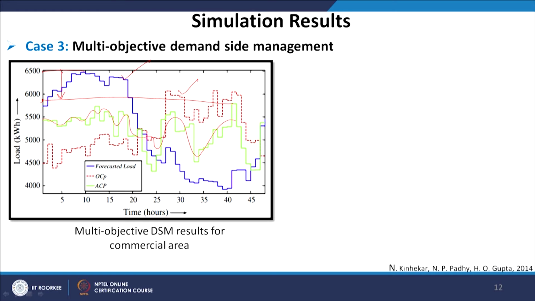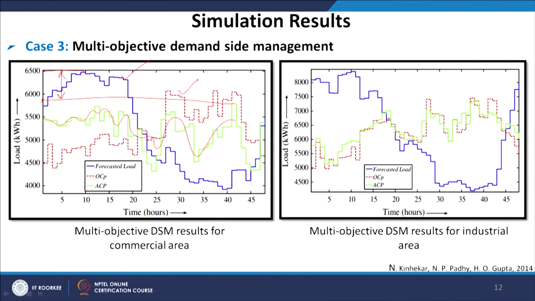In each and every case you can see there is a peak reduction because of the DSM program in place. For industrial customers also we can see the peak has further reduced from this point to this point, which is slightly significant. Now, one interesting thing I would like to explain here.